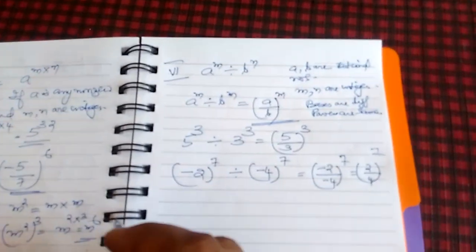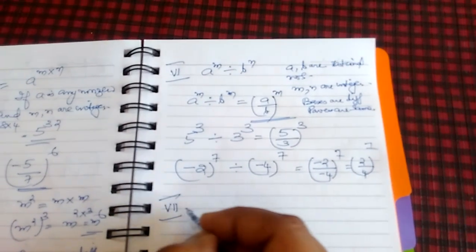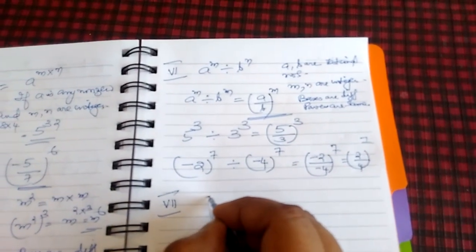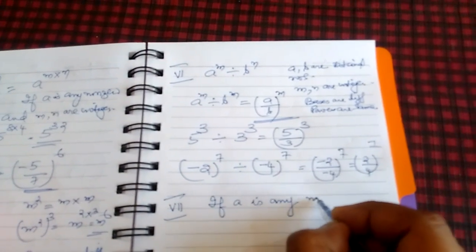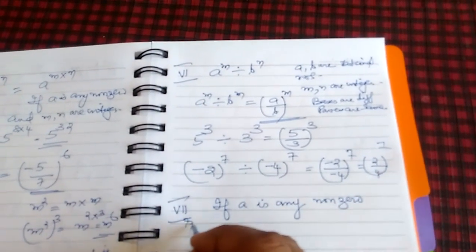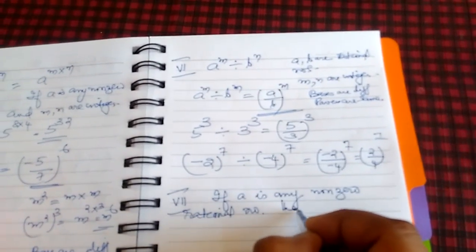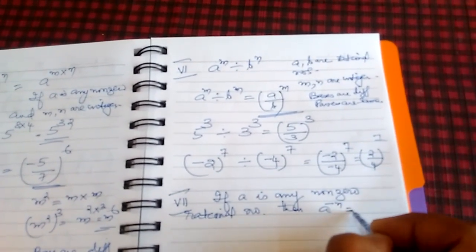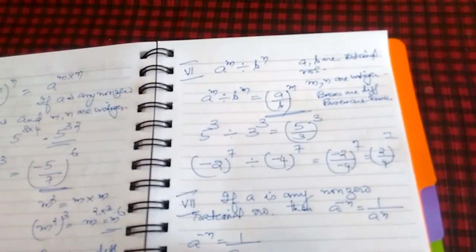Now the last one, the seventh one, is if a is any non-zero rational number, we are talking about a non-zero rational number, then a^(-n) is equal to 1 by a^n.